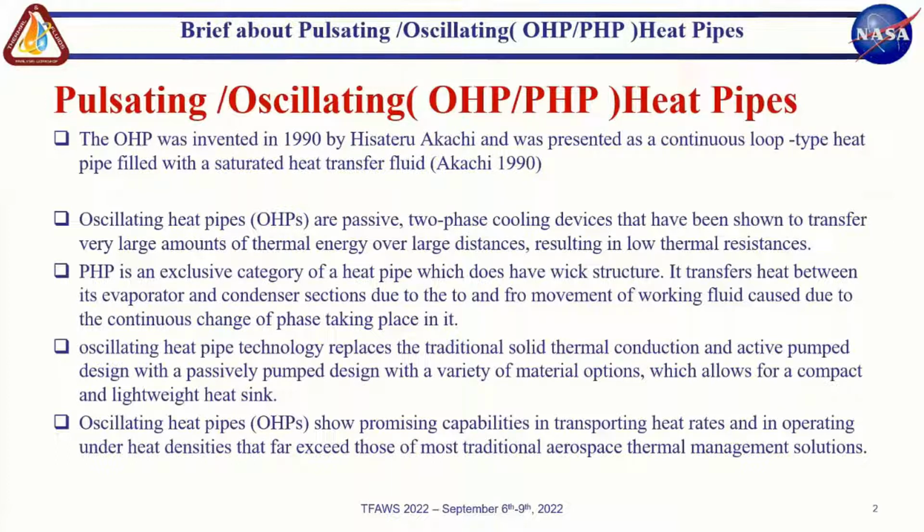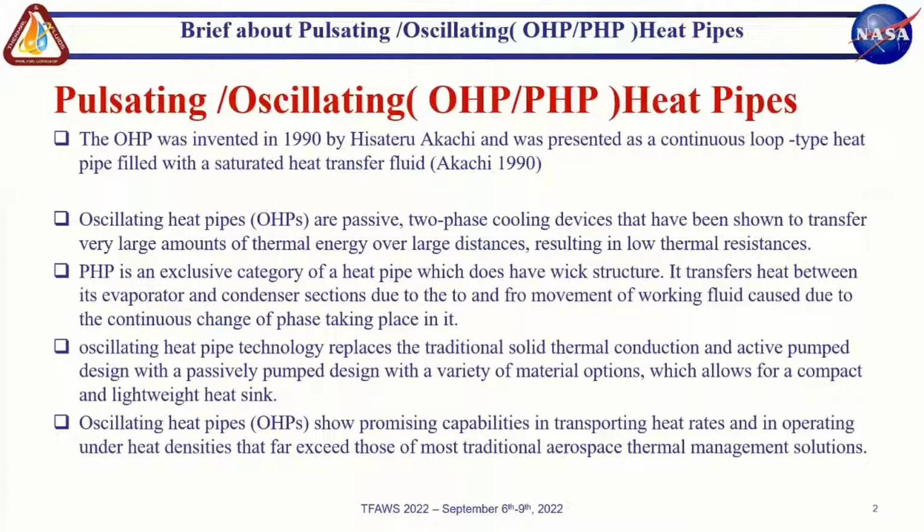Unlike a conventional heat pipe, which requires a wick structure, it transfers heat between the evaporator and condenser sections due to the to-and-from movement, or reciprocal motion, of the working fluids, caused by continuous phase change. Oscillating heat pipe technology replaces traditional thermal conduction and active designs with passive designs with a variety of metal options.